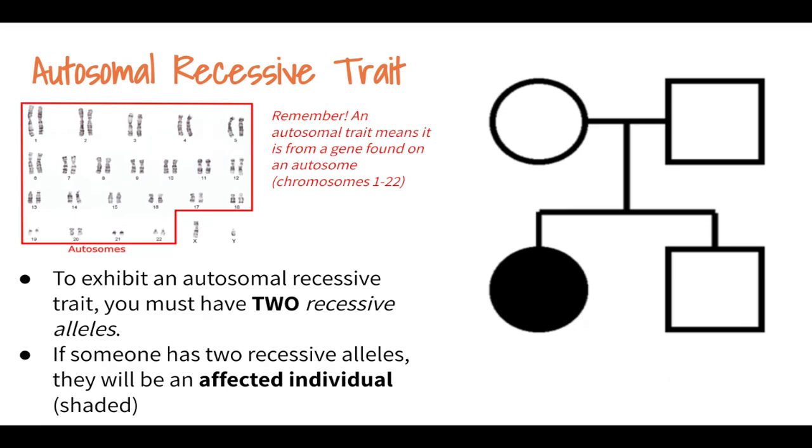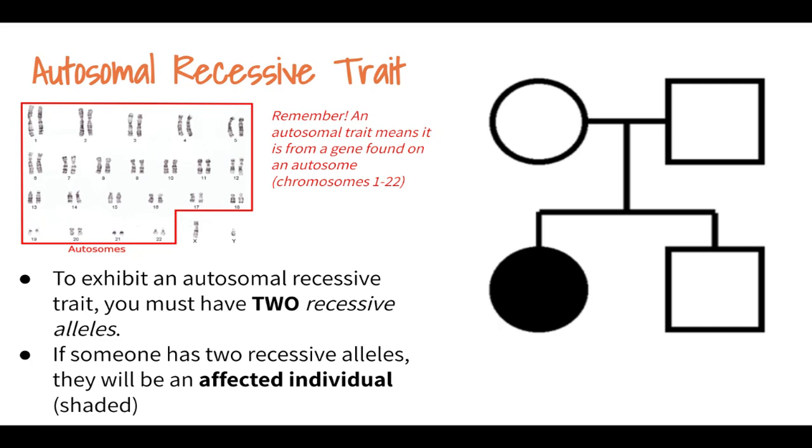In this video we are going to focus on autosomal traits. Later on in a different video we'll talk about sex-linked pedigrees, but we haven't covered that type of cross yet. When we say an autosomal trait, we're saying that this gene falls somewhere on chromosomes 1 through 22, because those are our autosomes. In this example, we are looking at an autosomal recessive trait, so the trait we are tracking is recessive.